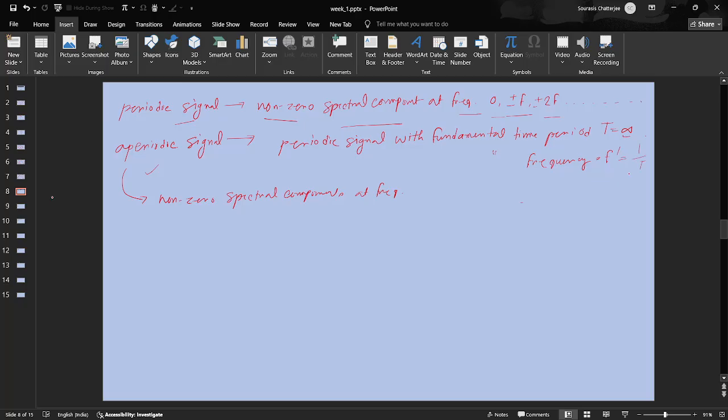Should it be zero? Yeah, it is 0. So instead of writing it bluntly like that, let's say T tends to infinity, so that would allow me to write f dash tends to 0, right? Now where do you think the frequency components will appear for an aperiodic signal? At what frequencies? It is going to appear at 0, plus minus f dash, plus minus 2f dash, right?